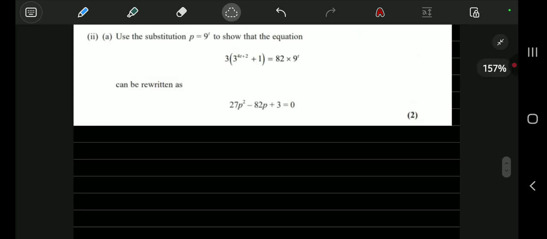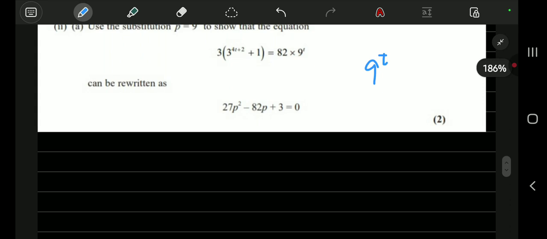Solving it, they say p is equal to 9 to the power t. So make 9 to the power t equal to p. First make 9 to the power t in this whole equation.